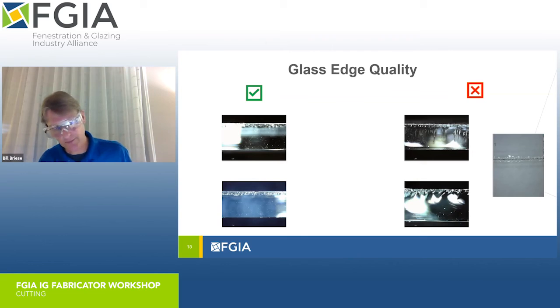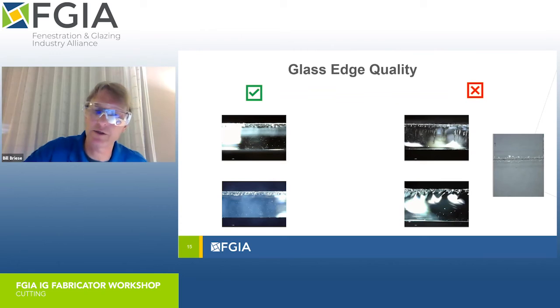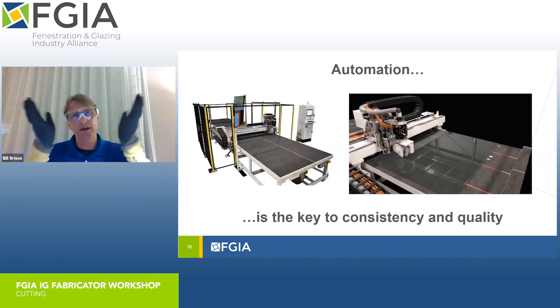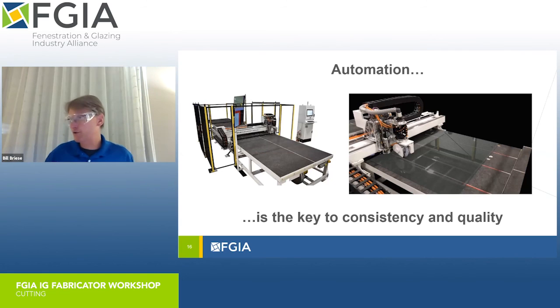So very possibly there is a stress concentration and an initiation point for that glass to run. So you want to be real careful that just because you made what you think is a good IG, when that gets subject to higher and lower temperatures, it could be subject to a cracking condition or a runner.